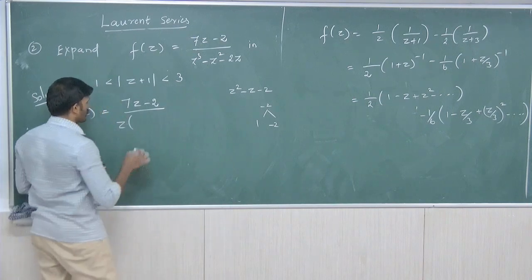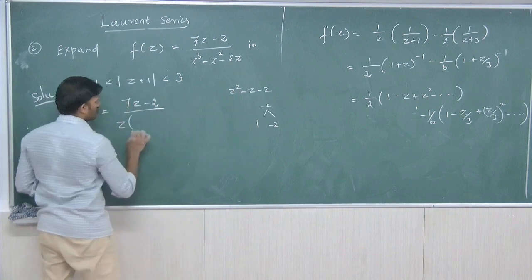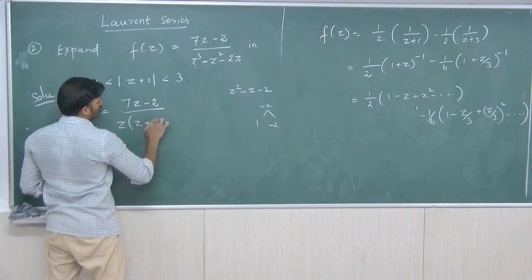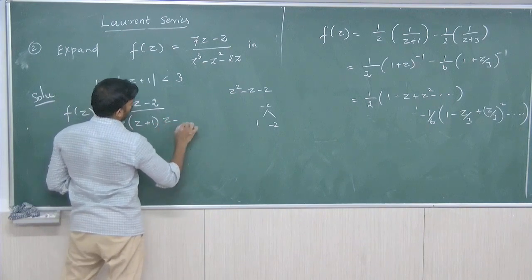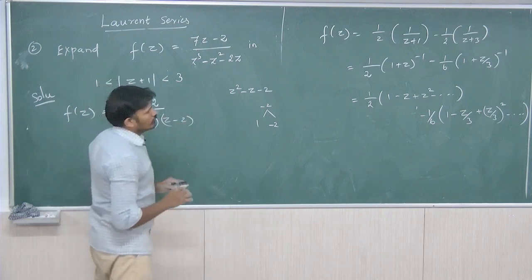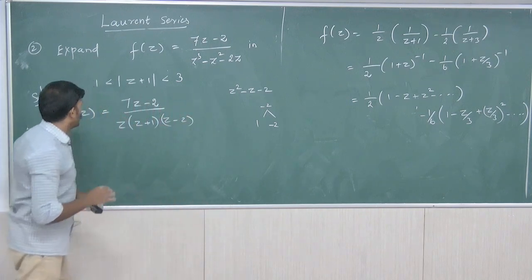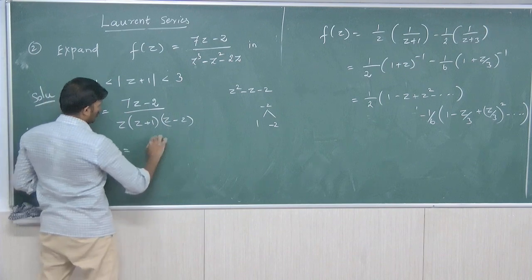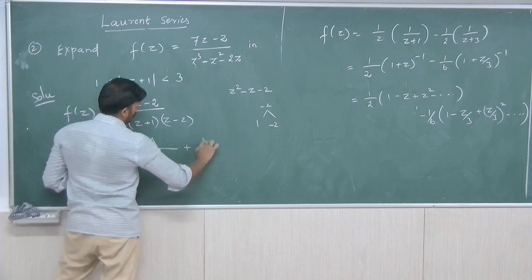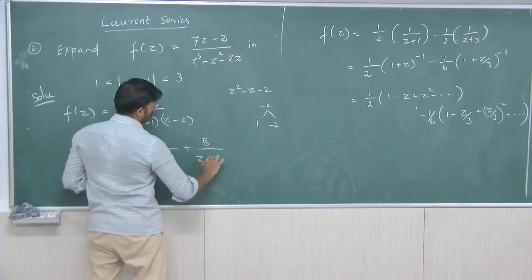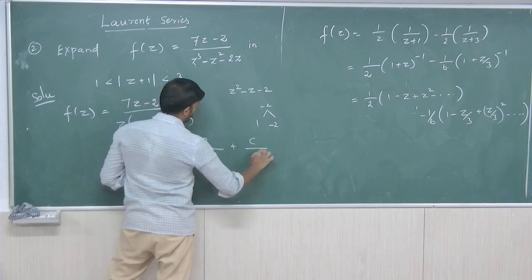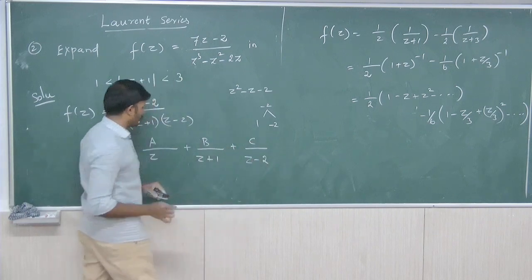So you can rewrite this term as z plus 1, z minus 2. Right? Now you can rewrite it as A by z plus B by z plus 1 plus C by z minus 2.